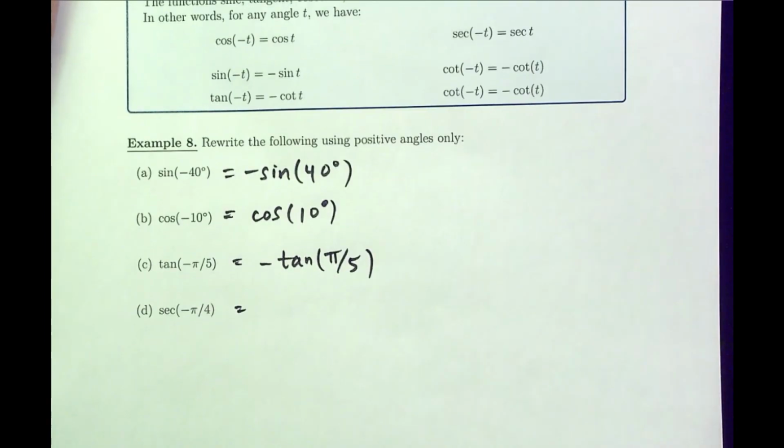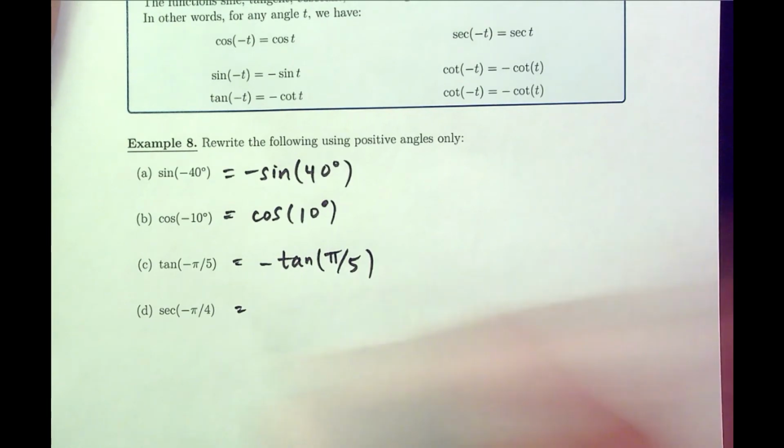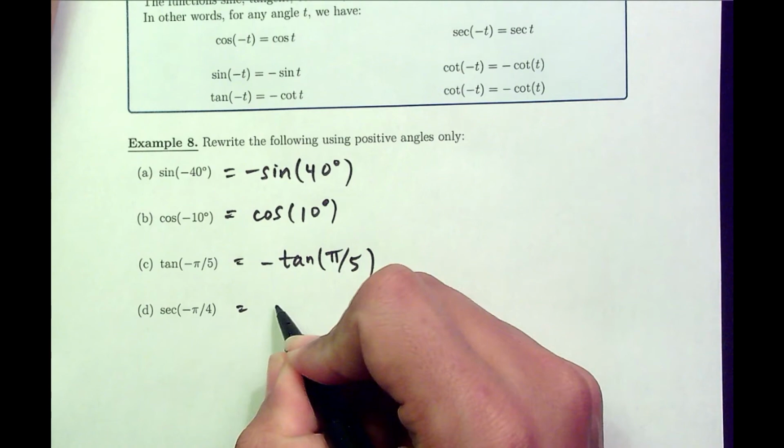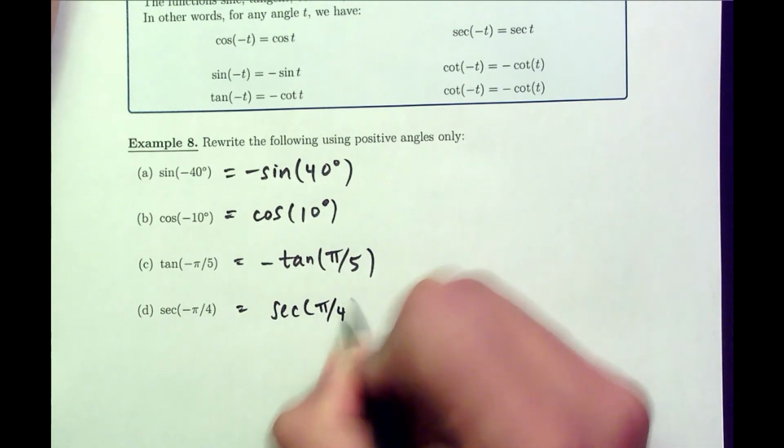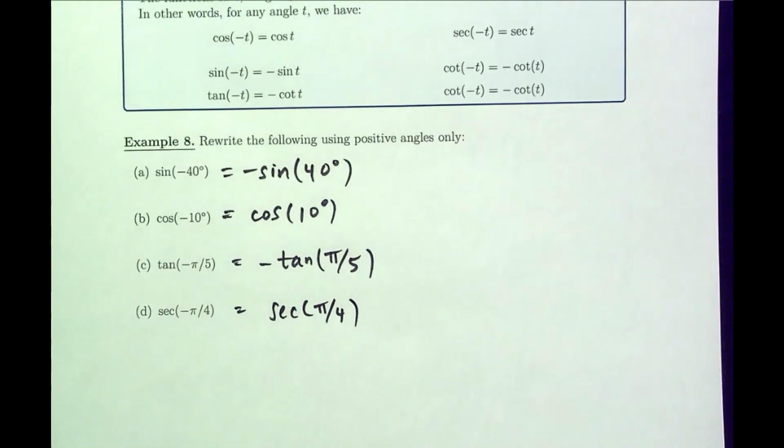And lastly, secant. Secant is even, so that's going to drop that negative. So secant of negative pi over 4 is the same as secant of pi over 4. Okay, and that's how you can use the properties of even and odd to simplify trigonometric expressions when you have negative angles.